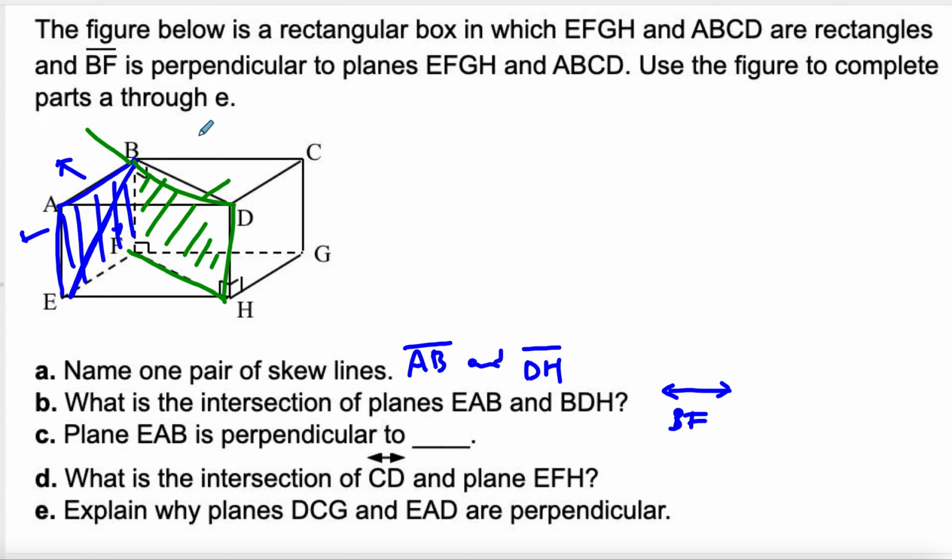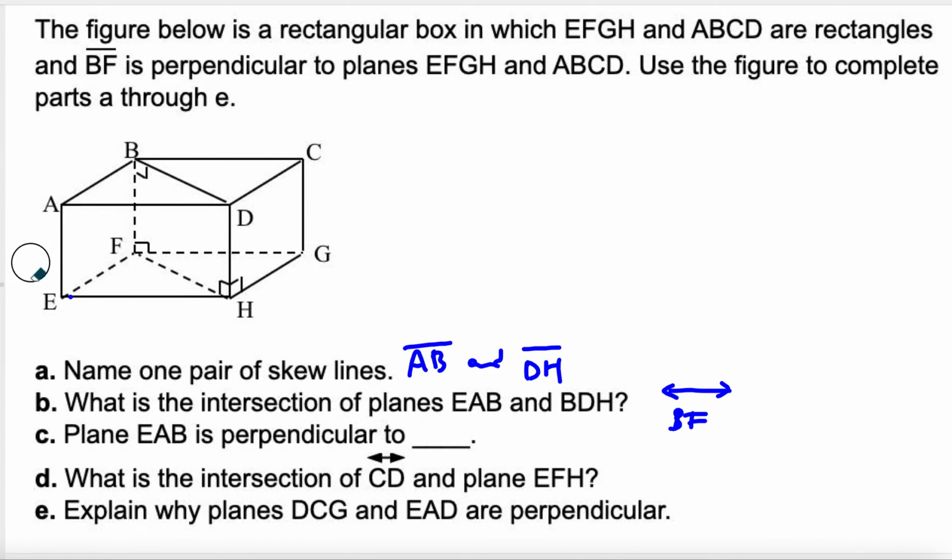Plane EAB is this plane. Again, we are talking about this plane expanded, okay? It is perpendicular to what? The above plane or the bottom plane, right? So I will say plane ABD.